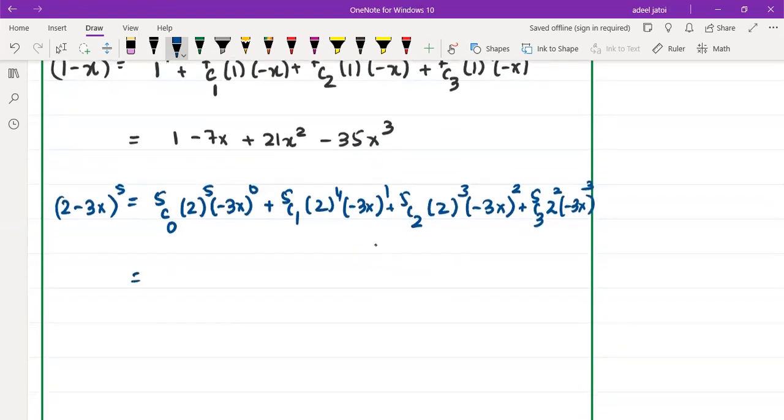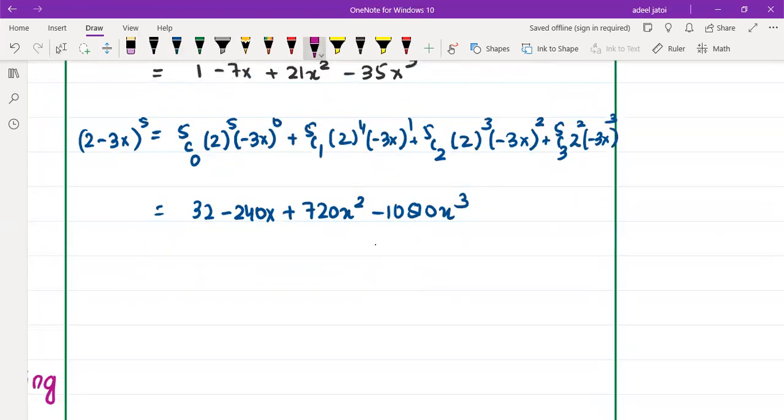If we just write down the answer for this, it will be 32 - 240x + 720x^2 - 1080x^3.